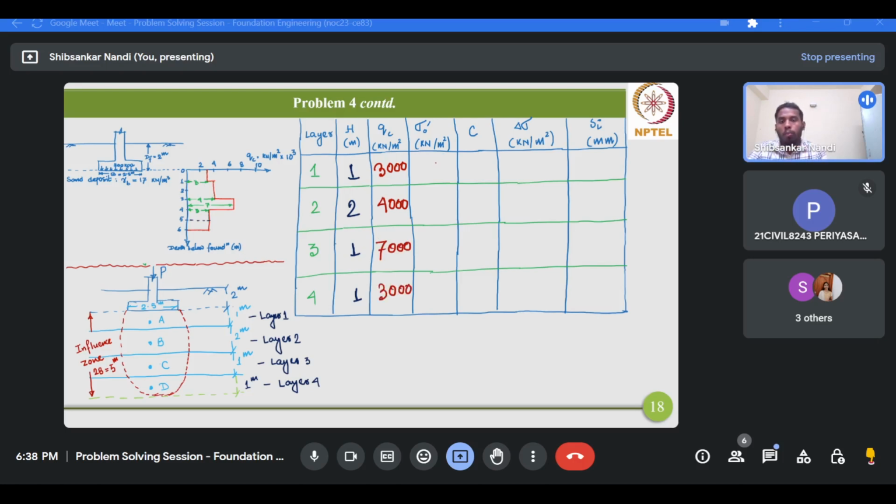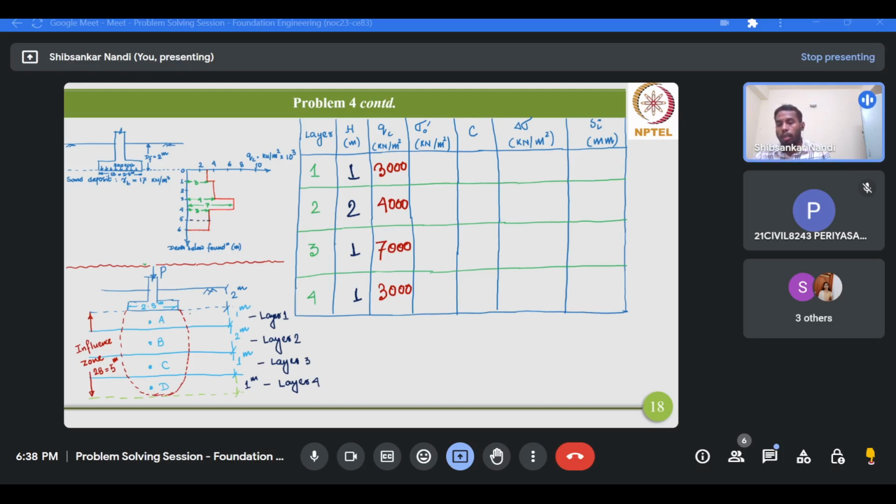Now what is sigma 0 prime? Since there is no water table, at least in the influence zone, it will simply be the total stress, that means the bulk unit weight multiplied by the corresponding depth. I have marked a point at the center line level of each layer as A, B, C and D. At these points you have to calculate both the effective vertical stress and the additional stress increase.